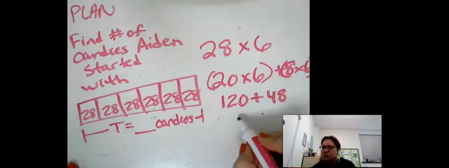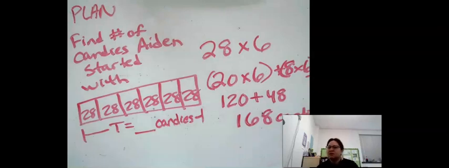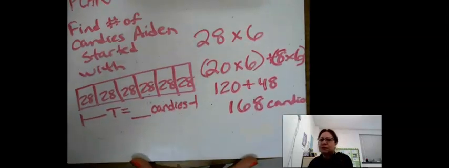When I add those two numbers together, I get 168 candies to start. Okay, my estimate was he started with 180 candies. That's not too far off, so I think we're on the right track here.